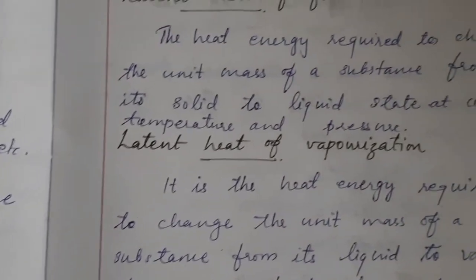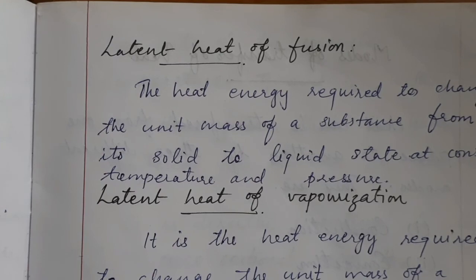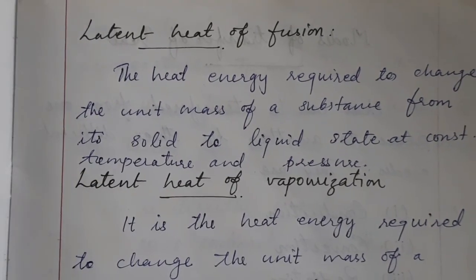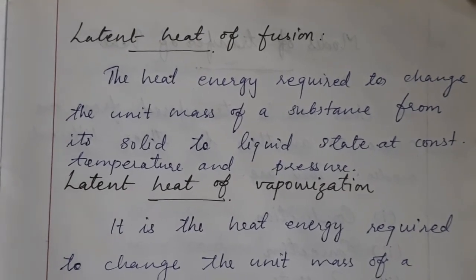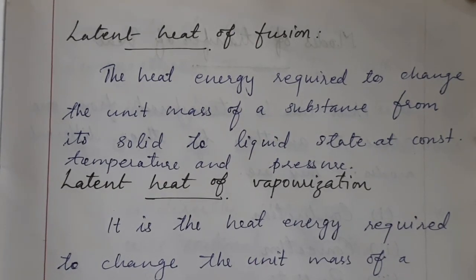Depending on the different processes, for example fusion, sublimation, and vaporization, we have different latent heats also. Latent heat of fusion means heat energy required to change unit mass of a substance from solid to liquid.